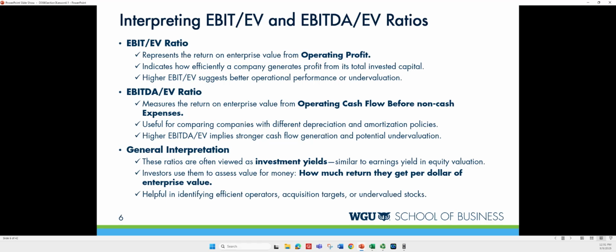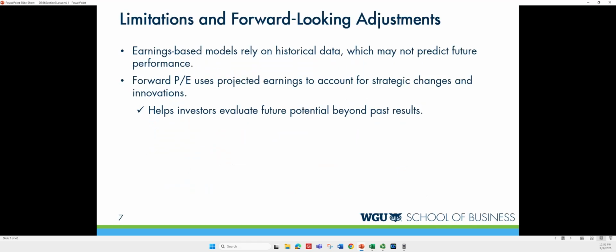So the way that investors interpret these ratios is how much return they are getting per dollar of enterprise value. And this is helpful in identifying efficient operations, companies we might want to acquire to bring into our fold, and also as investors to look for undervalued stock where we can generate both dividends and capital gains in our investment portfolio.